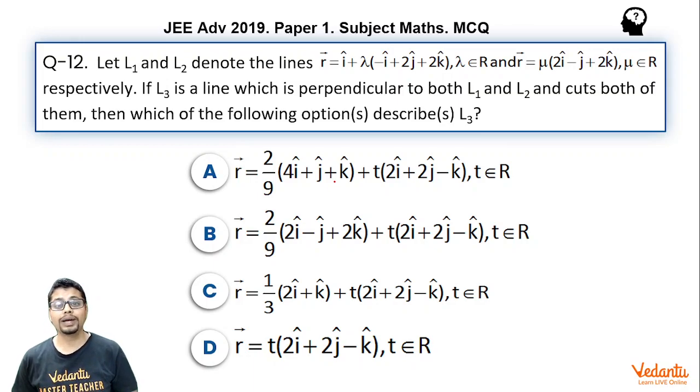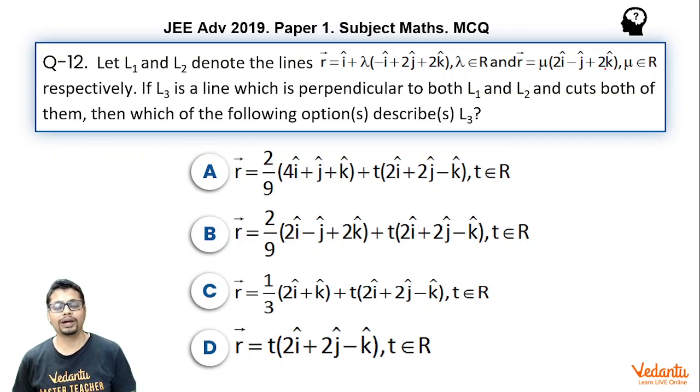Now as we look at the equations of L1 and L2, they are clearly not parallel lines. Why? Because the vectors parallel to these two lines, minus i cap plus 2 j cap plus 2 k cap and 2 i cap minus j cap plus 2 k cap, are non-collinear. Now they may be intersecting or they may be skew.